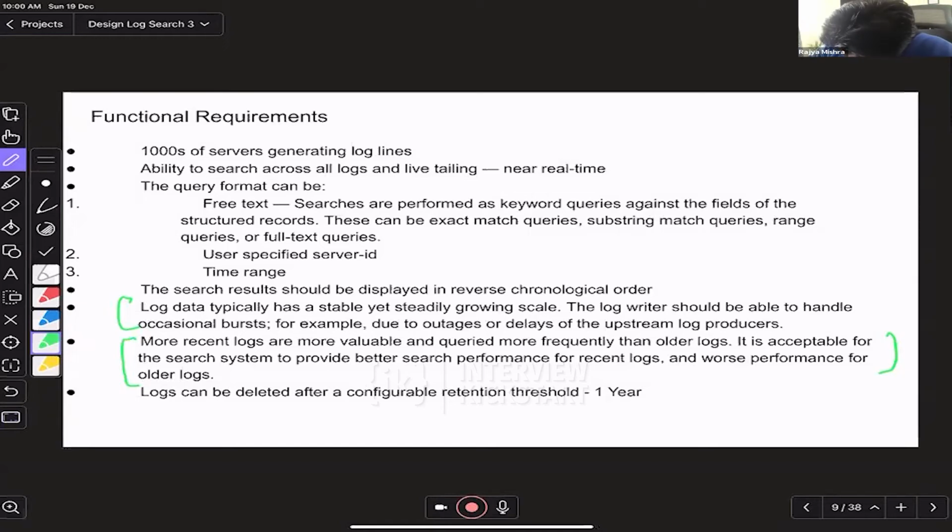And maybe we can have some retention also, like 1 year for the logs. This is not completely true, however, because there are many compliance norms in many countries which say that transaction related logs should be available in the system for many years.